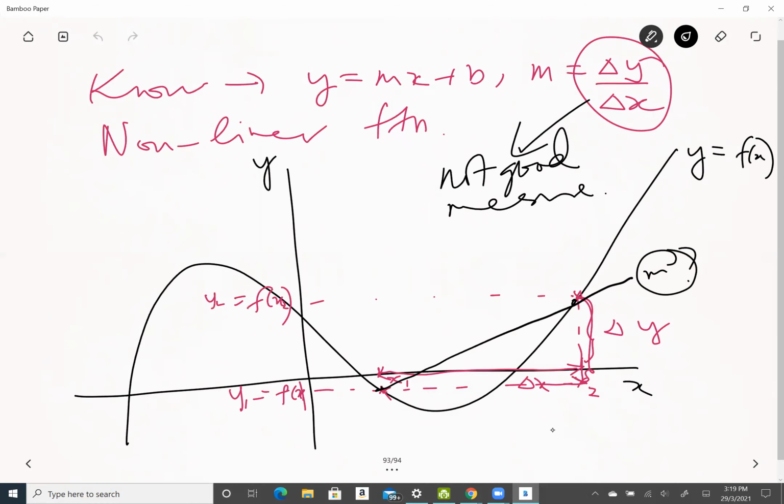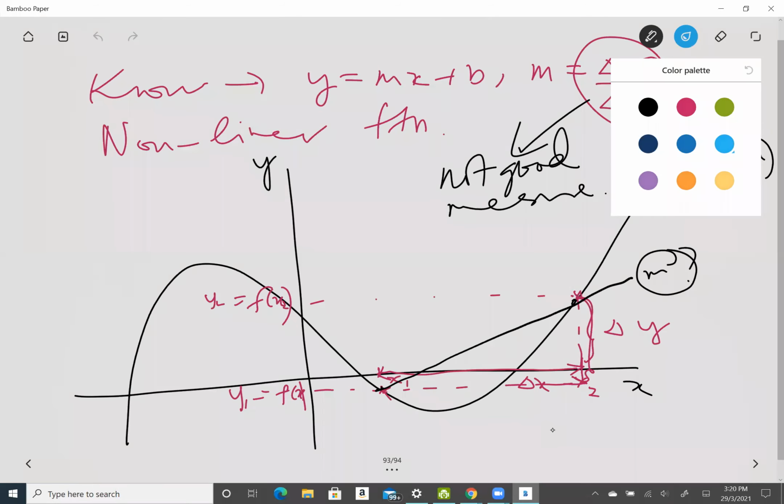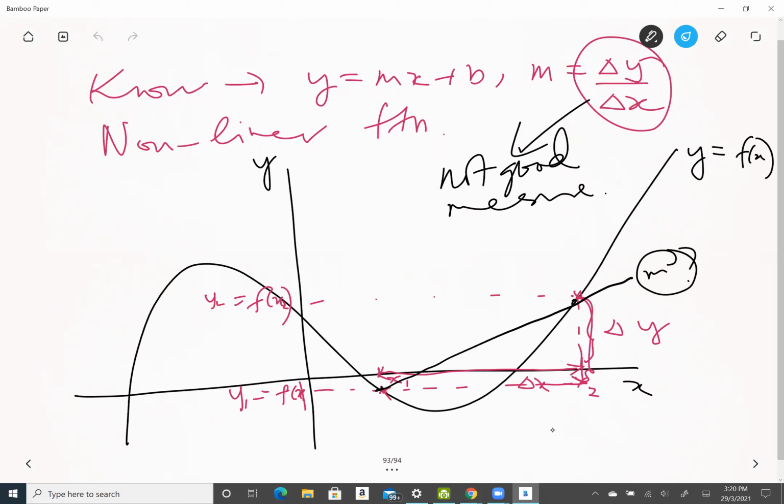If I make the delta x smaller, suppose it goes from x1 to x2. X2 is here, so x3 is somewhere here. Let's say x3 is over there.